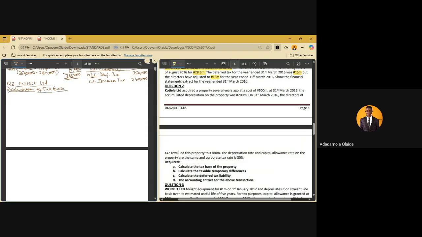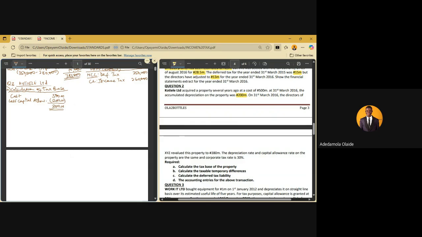It is the cost of an asset, which is 500 million in this case, less capital allowance. They've told us depreciation rate and capital allowance rate are the same. That means capital allowance will be the same as accumulated depreciation of 200 million. So with that, we have tax base to be 300 million.